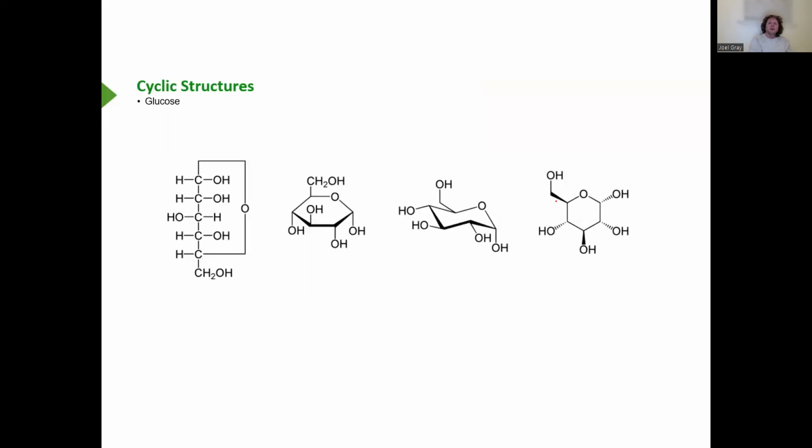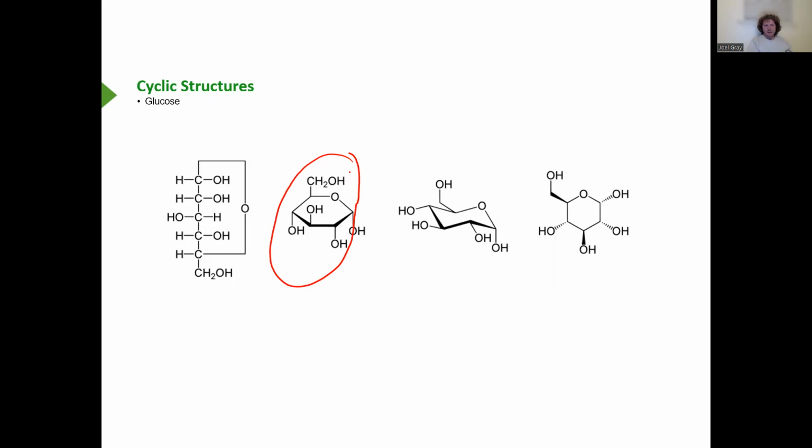Okay, so these are a couple of different cyclic structures of glucose, and I gotta be honest, this is the most common, and it's the one I like the most. It's the easiest for me to decipher.